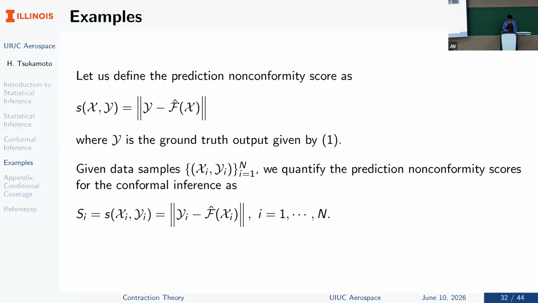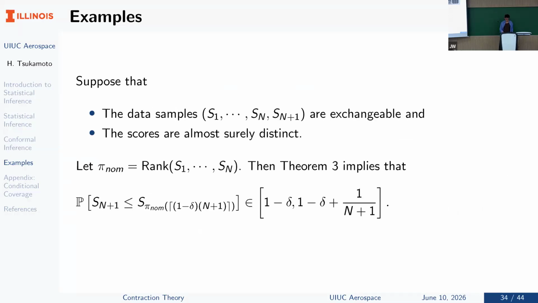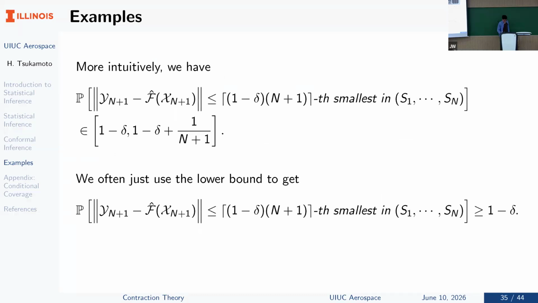With some mathematical details I'm going to skip, you can bound things like this. What this is basically saying is that this is the uncertainty part. Previously, we just assumed that this is bounded.